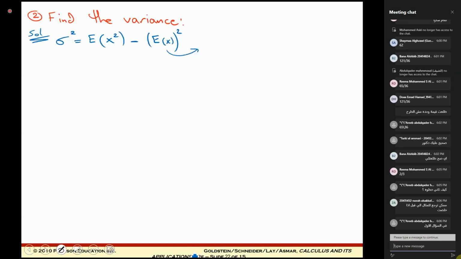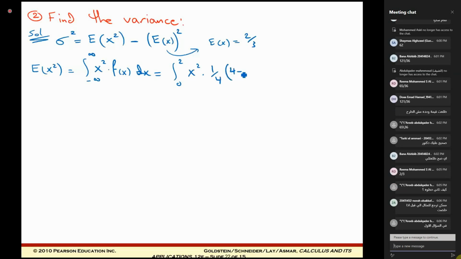This is equal the integral from minus infinity to infinity x square multiply f of x dx. We have the interval from 0 to 2 for x square multiply 1 over 4. This is f of x, 1 over 4 multiply 4 minus 2x dx. After simplify, from 0 to 2, multiply by 4, we have x square multiply by 4, we have x to the power 3 over 2.